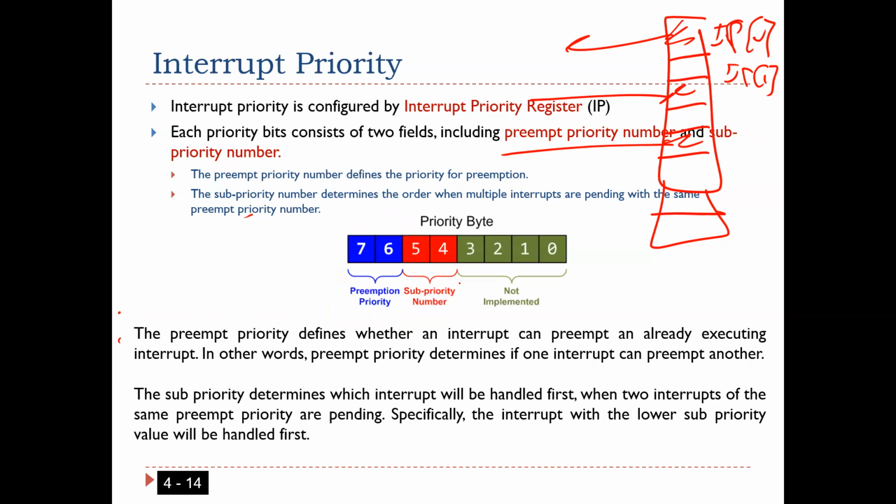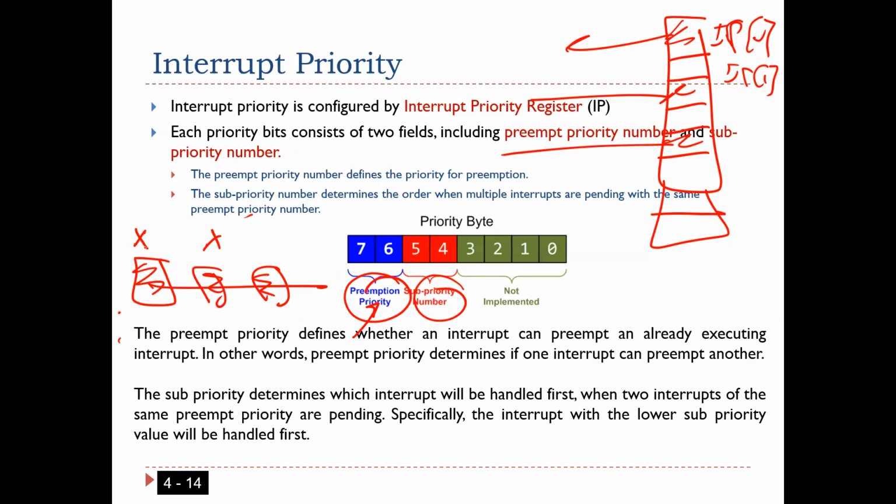What about the sub-priority here? I'm going to tell you what it means. If there are pending interrupts, so I have several interrupts at the same time, number one, I'm going to look at the preemption priority. If two of them have the same preemption priority, I need to select which one I have to select.